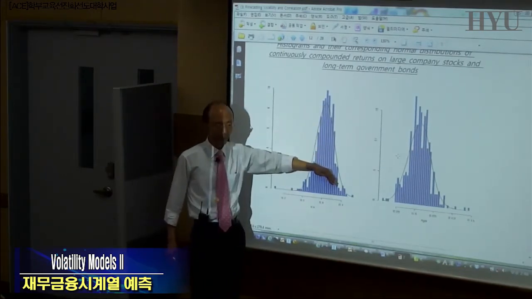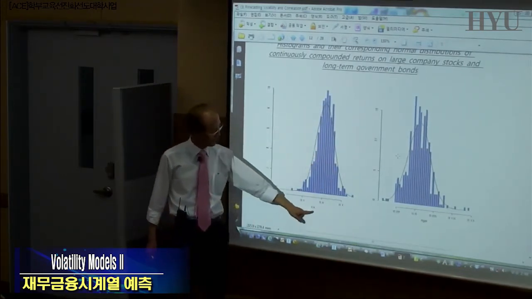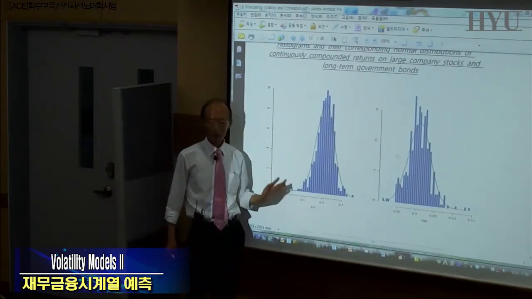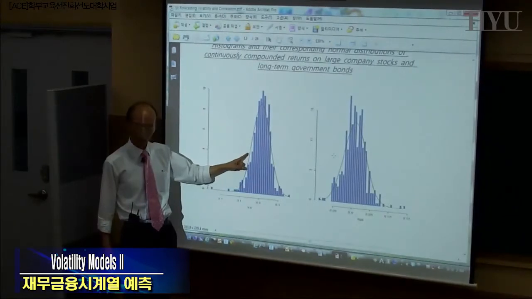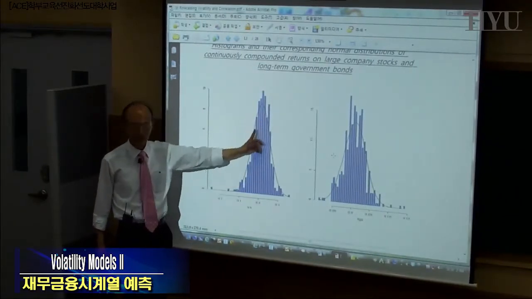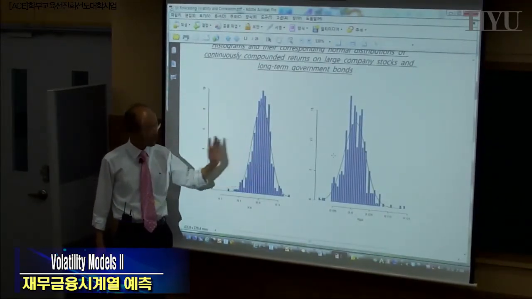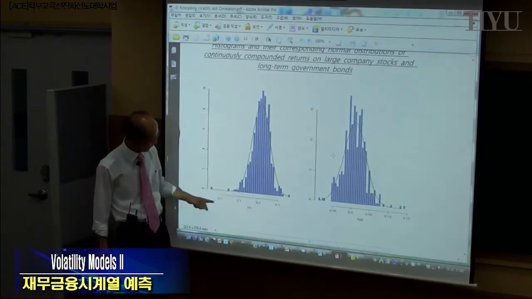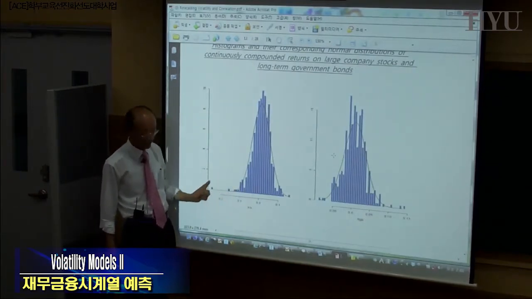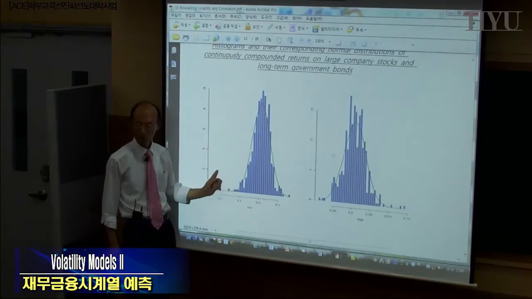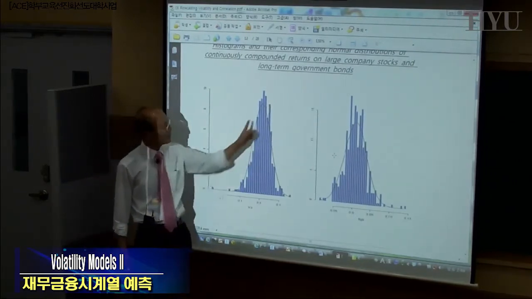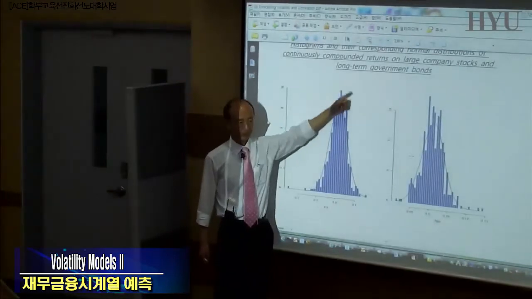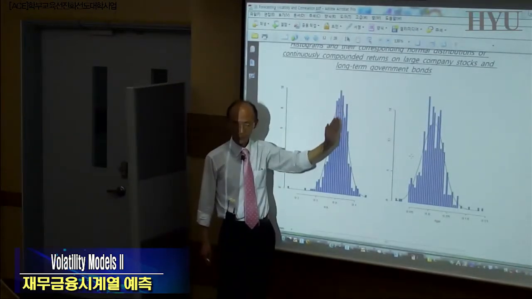If actual data are generated from a normal distribution, the histogram should resemble this smooth line, right? But actual data shows it has a thicker tail, or we normally call it a fat tail, and leptokurtic is more peaked, right?